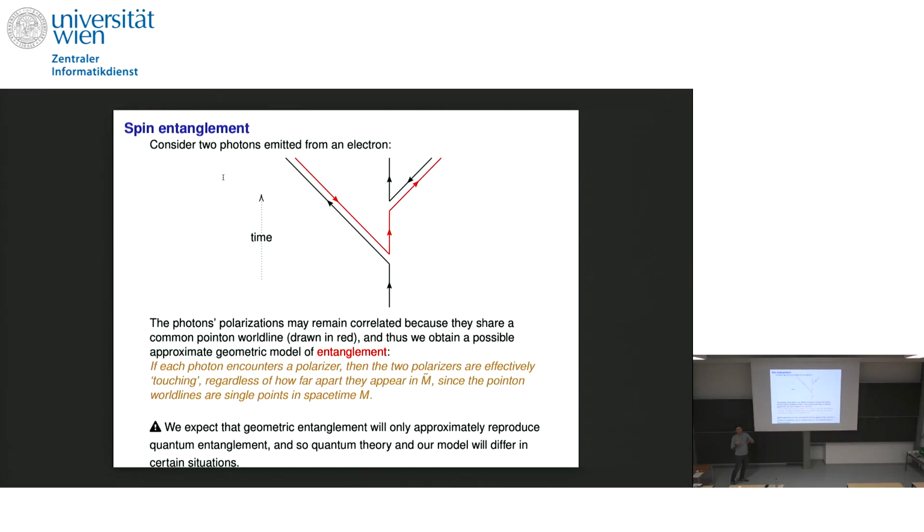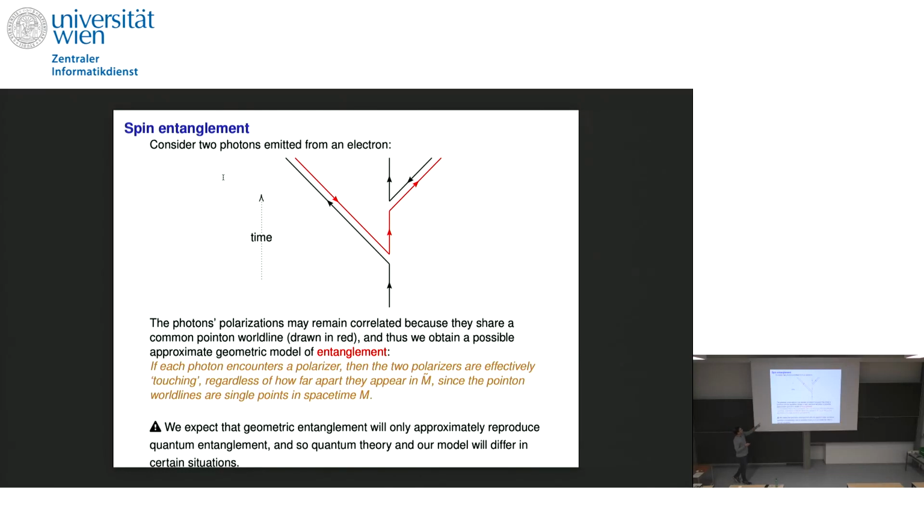But this does not work in all cases, so this is different in general from normal entanglement in quantum mechanics. This one would be like a Bell-type correlation with two photons. So we can reproduce lots of things like this, but not everything.